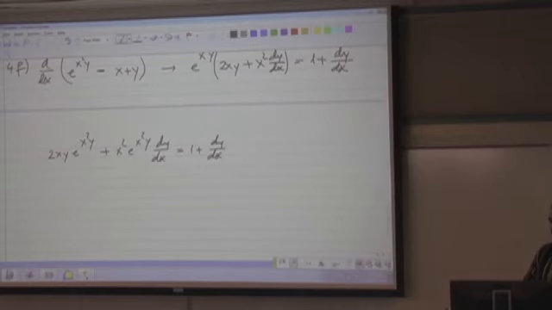Okay. So should I just write the answer? Or do you still want to see it factored? Okay. So 2xy e to the x squared y minus 1 equals dy dx times 1 minus x squared e to the x squared y. Does that make sense?